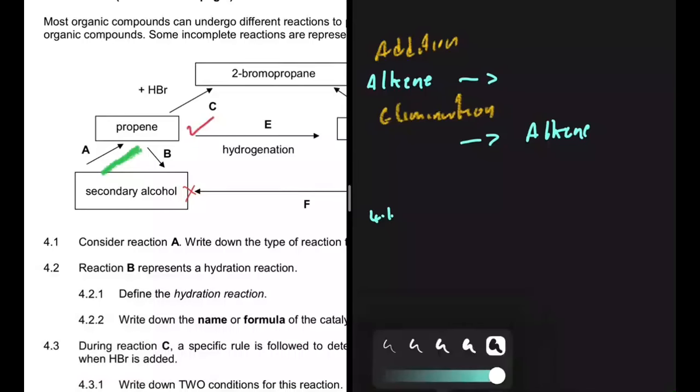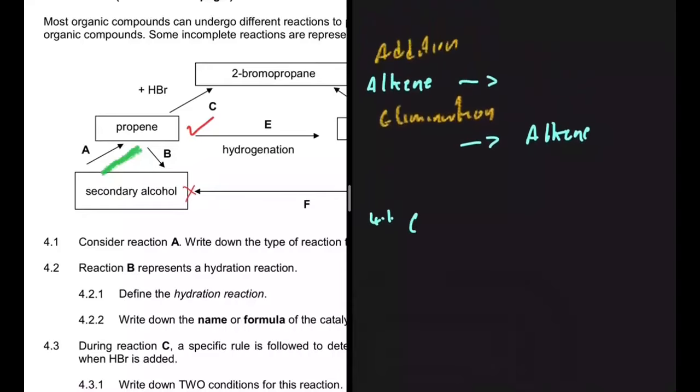So from that alone, we know our reaction is an elimination reaction. Our second condition is met, so the answer to 4.1 is elimination. If a reaction ends with an alkene, it's elimination. If it starts with an alkene, it's addition. And if none of that is correct, then it is a substitution reaction.